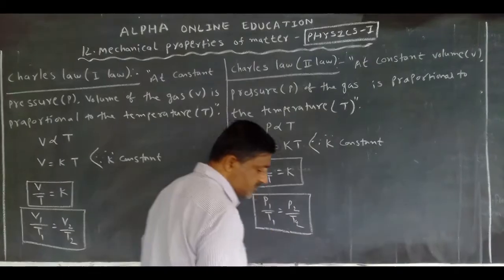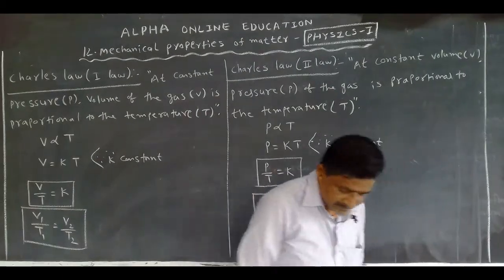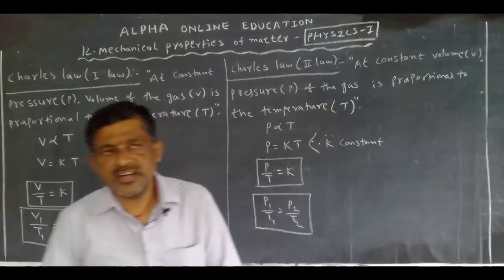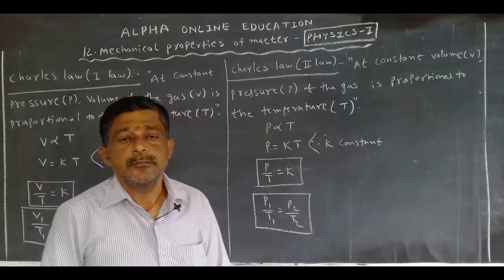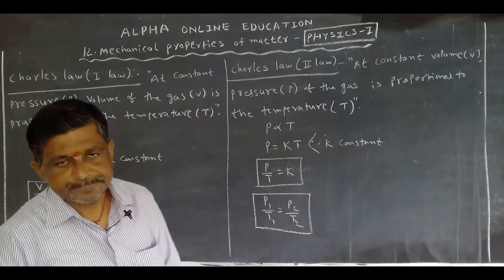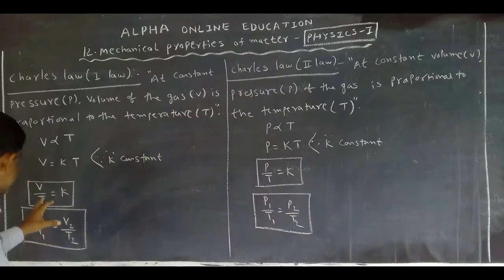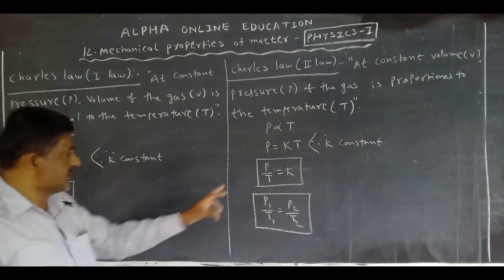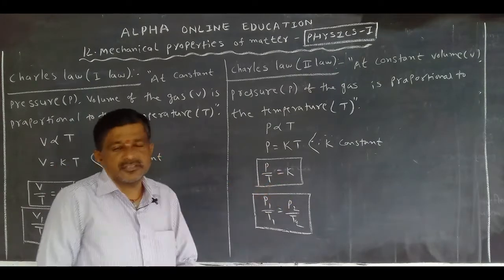This is the Charles second law. Okay, Boyle's law, PV is equal to constant. Charles first law, V by T is equal to constant. Charles second law, P by T is equal to constant.